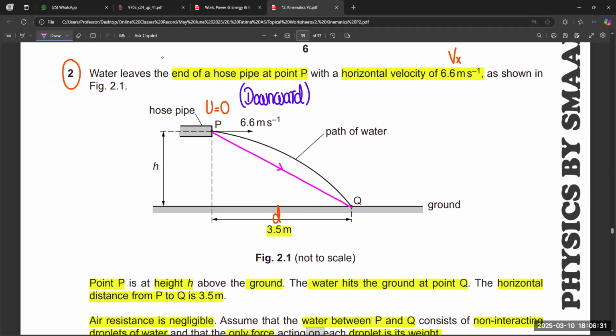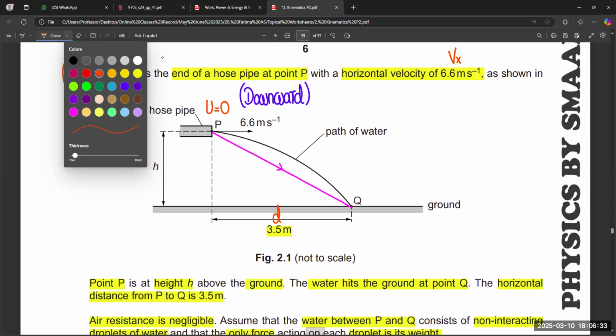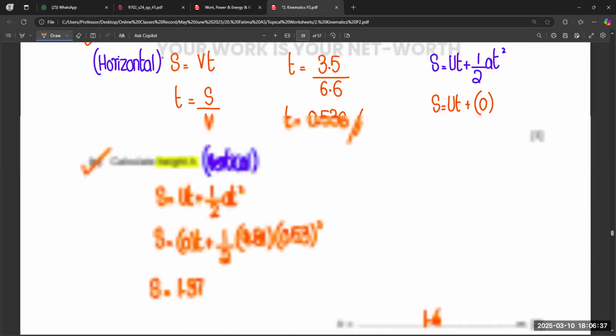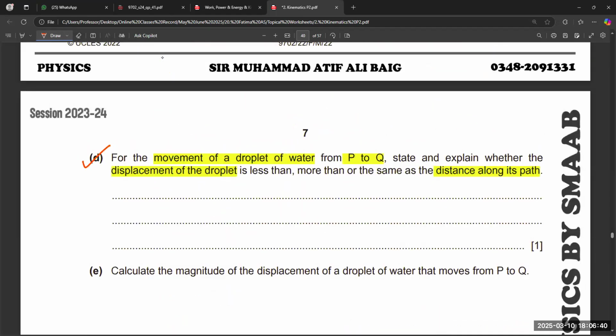It is the shortest distance between two points in a straight line in a specific direction. So less than the distance.